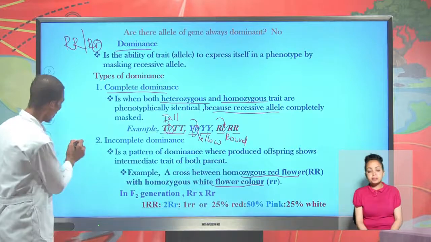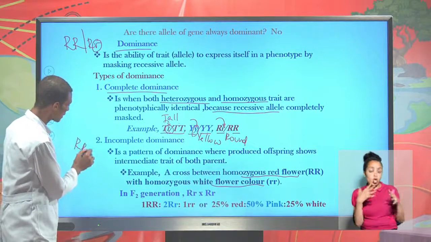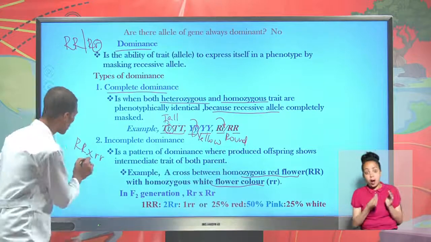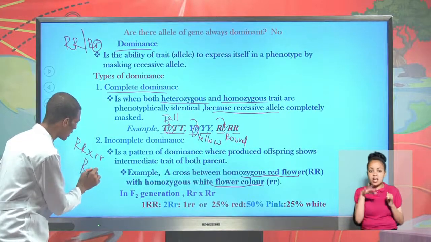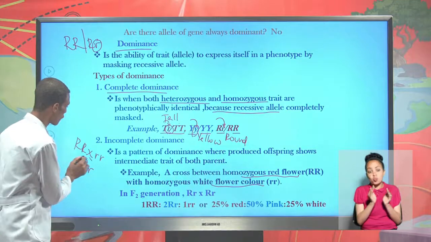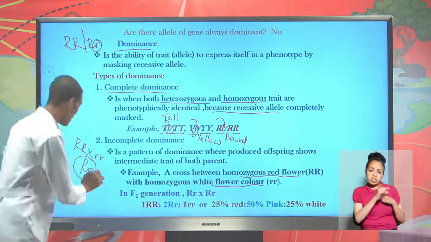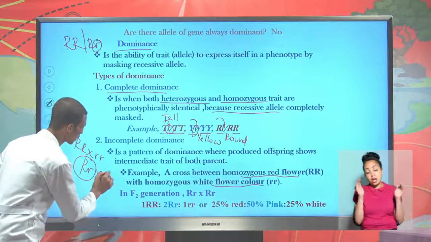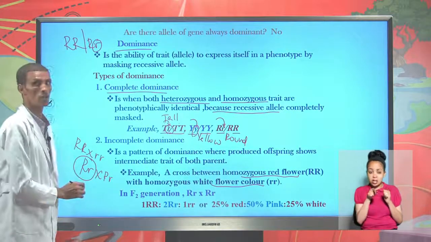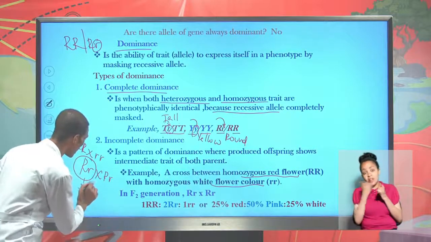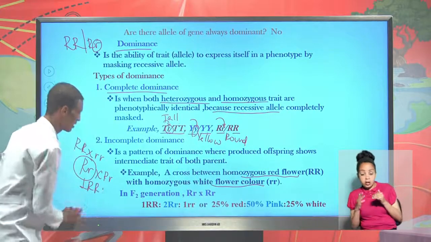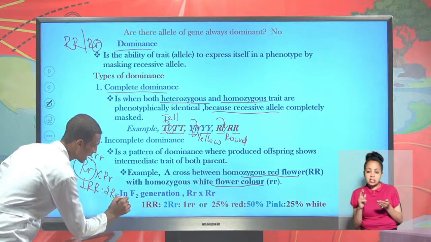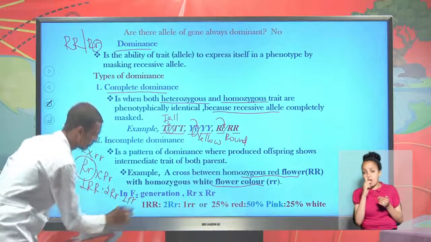Here, when we cross this one, R capital red and R small white, we finally get R capital R small in the F1 generation. In F2, when we cross R capital R small with R capital R small, we finally obtain one RR, two Rr, and one rr.